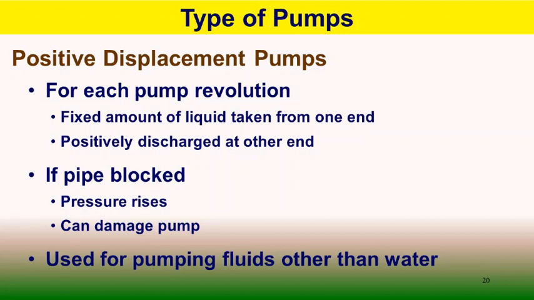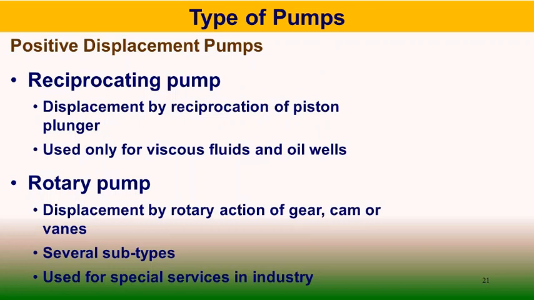So positive displacement pumps may be reciprocating type or rotary type. Reciprocating pumps have either a piston cylinder or plunger type arrangement with crankshaft, and in case of rotary pumps we have vane or gear or cam, and both these types of pumps are utilized for high density viscous fluid transfer.